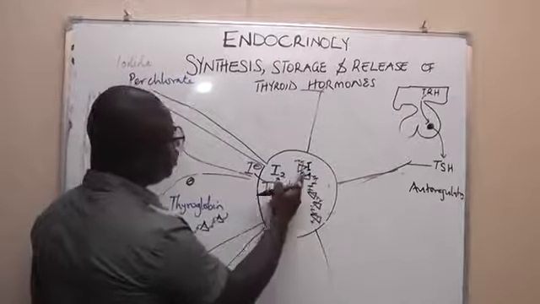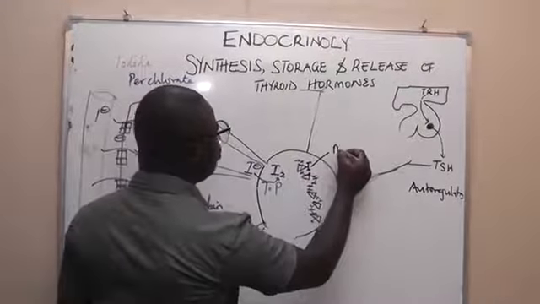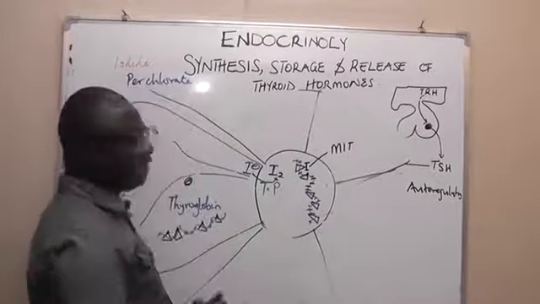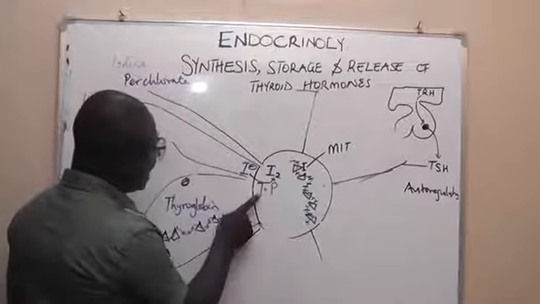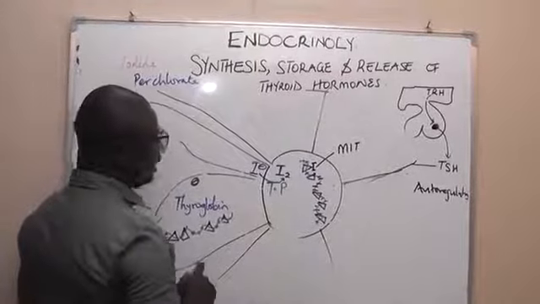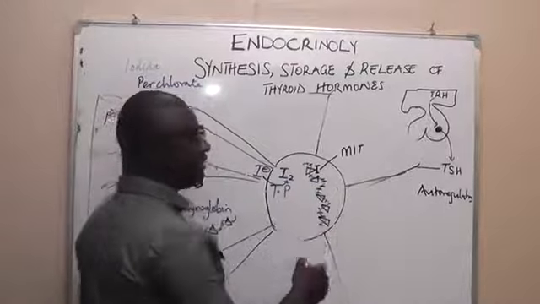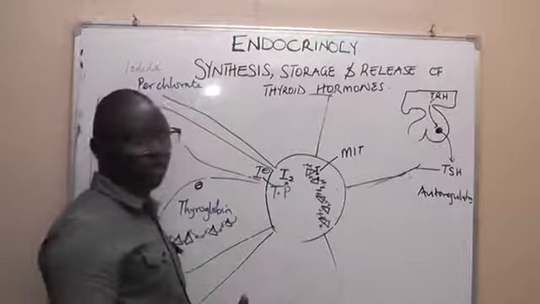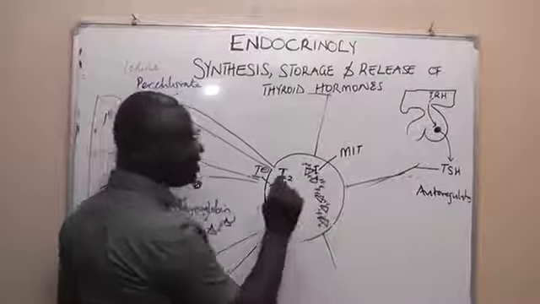If I attach one iodine to tyrosine, this compound is called monoiodothyronine. What are we saying? That initially thyroid peroxidase converted iodide to iodine. Then this same enzyme carries out the next step in the production of this hormone, which is organification or iodination. And then we attach iodine to our tyrosine.